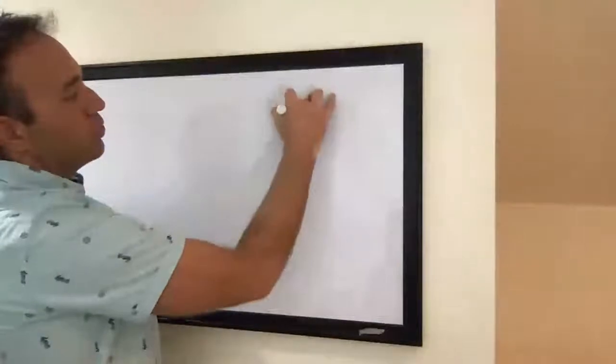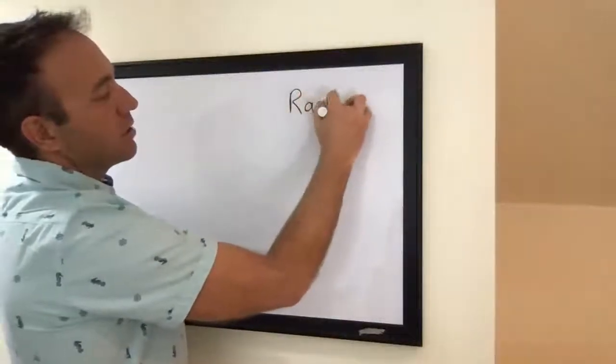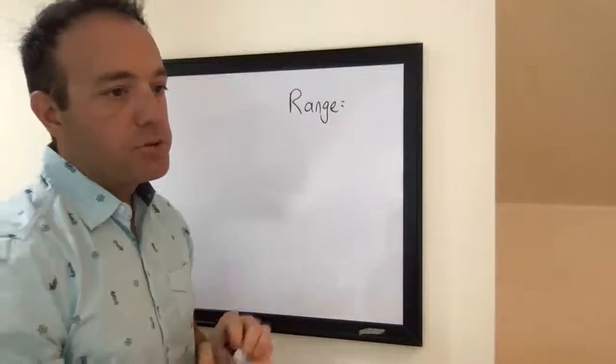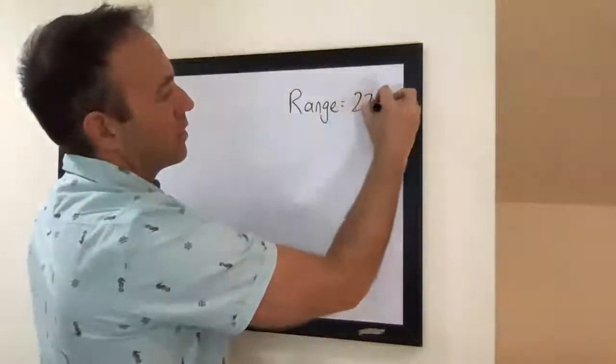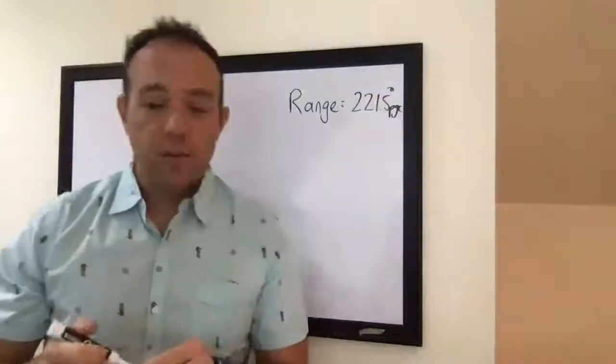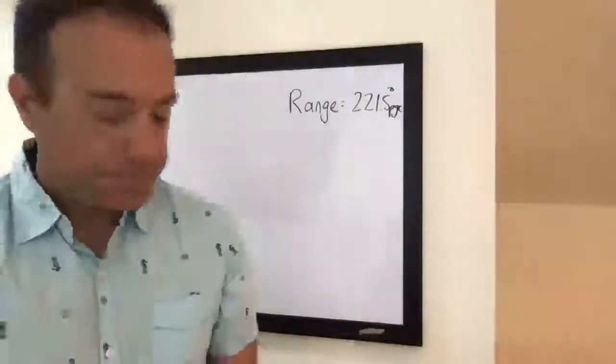So in this case, you are steering on a range, and the range is 221.5 per gyro compass. So we need to take a little break here to talk about what is a range.